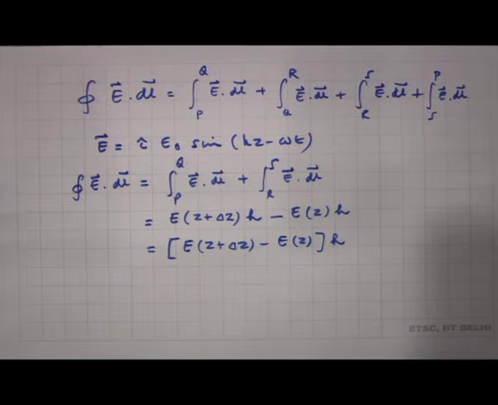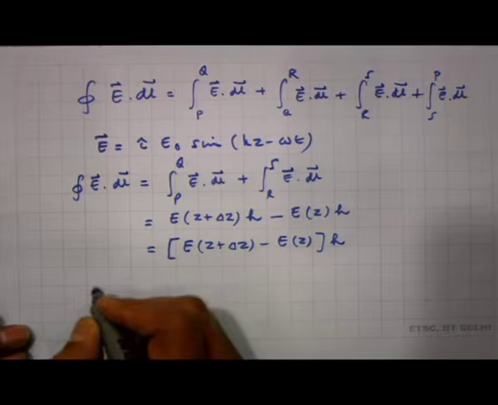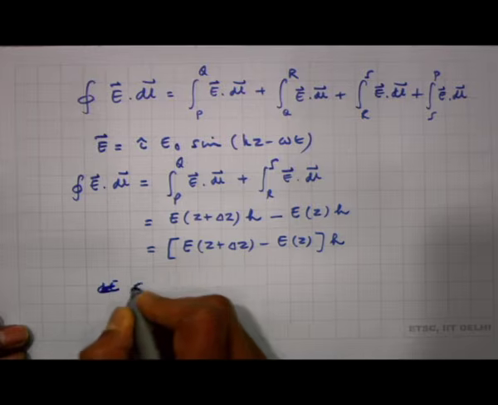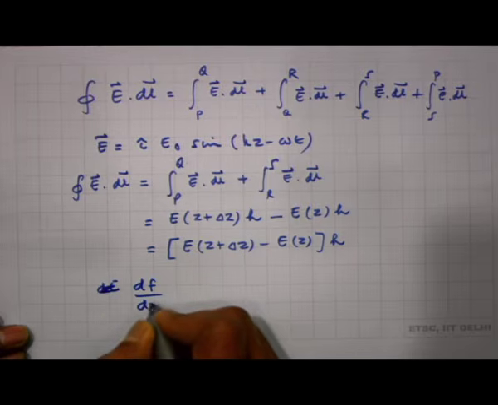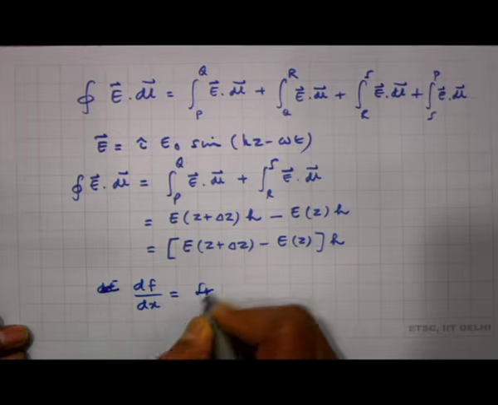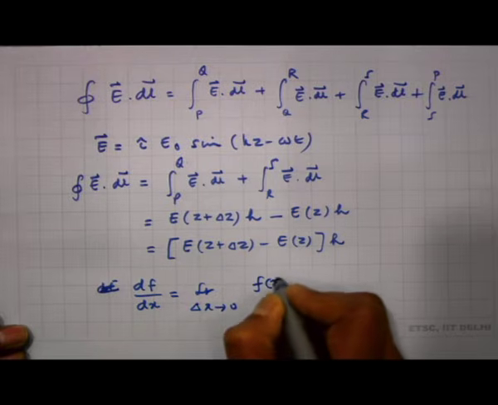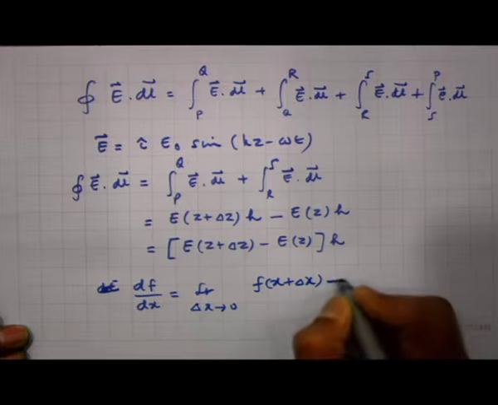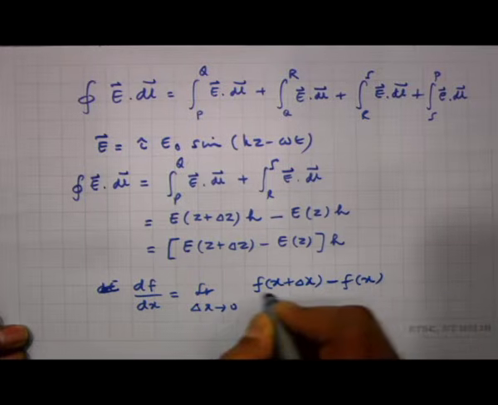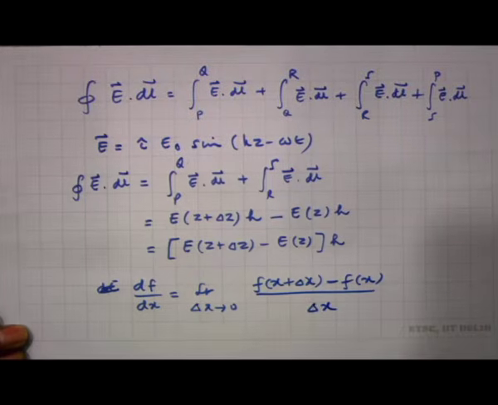Now, let me recall to you, you have defined the differential of a function. So, let me take a function: df by dx is equal to the limit delta x tending to 0 of f of x plus delta x minus f of x, by delta x. There is a definition of a differential of a function, limit delta x going to 0 of f of x plus delta x minus f of x by delta x.